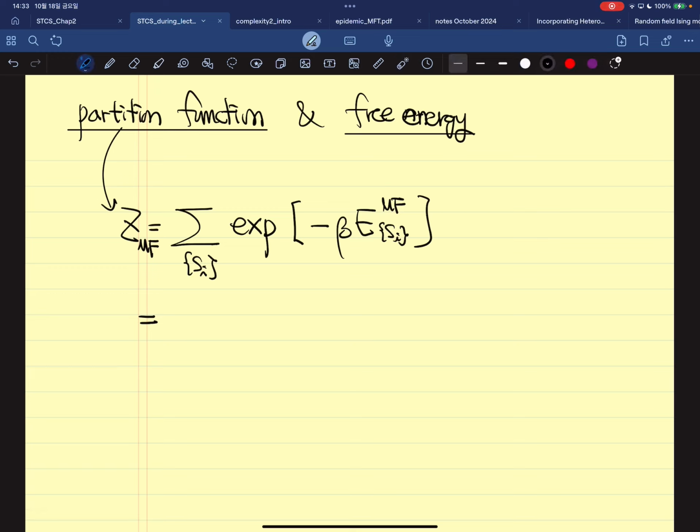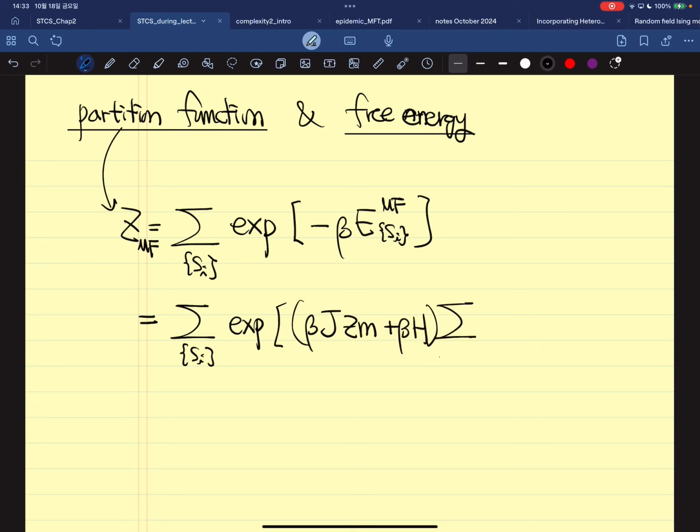The sign is changed to beta J n plus beta H. And most importantly, just a single sum of spin S_n minus half beta n J n.